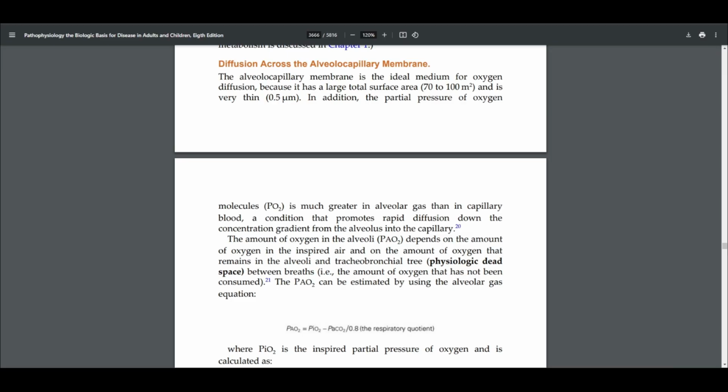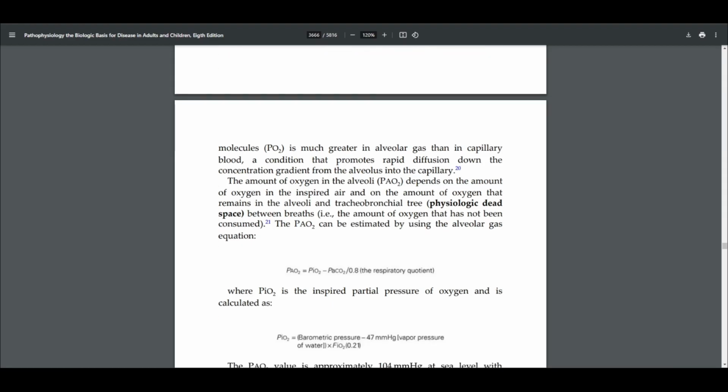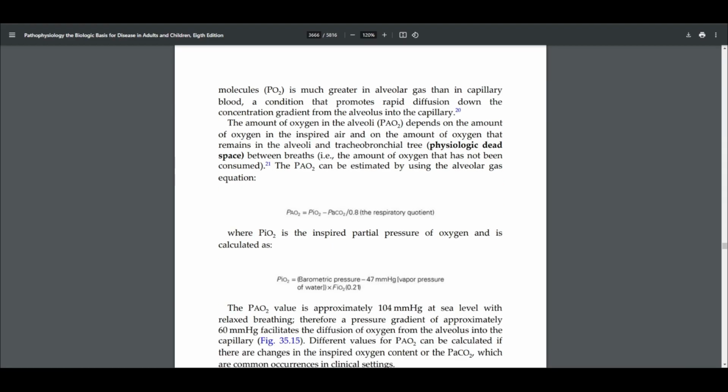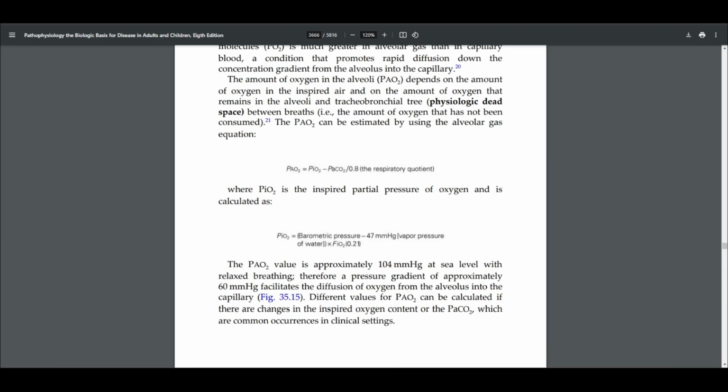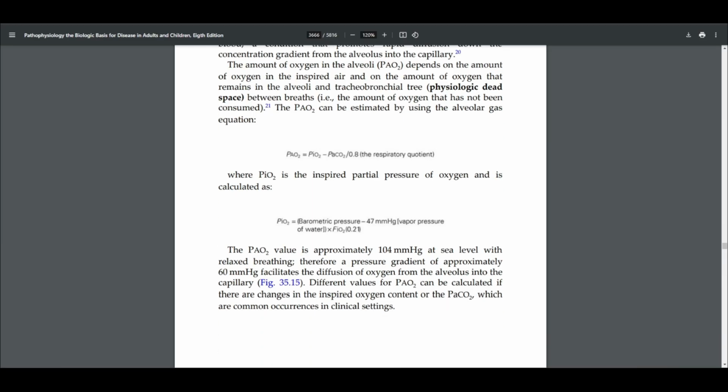In addition, the partial pressure of oxygen, your PO2, is much greater in alveolar gas than in capillary blood, a condition that promotes rapid diffusion down the concentration gradient from the alveolus into the capillary. The amount of oxygen in the alveoli, your PAO2, depends on the amount of oxygen in the inspired air and the amount of oxygen that remains in the alveoli and tracheobronchial tree, that physiologic dead space, between breaths.